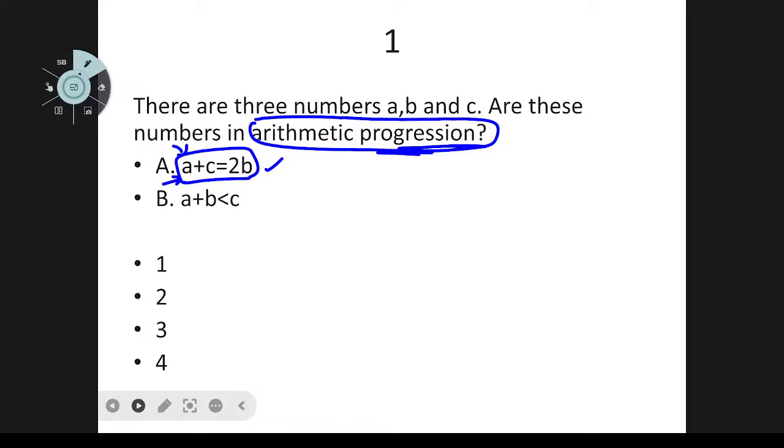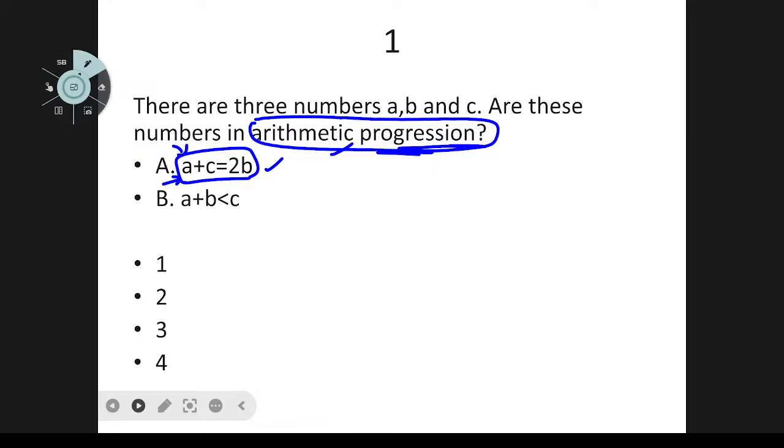Otherwise there is no purpose of giving this condition. If they have given that equation, you should only take the values which satisfy that equation and then check, according to those values, is it in arithmetic progression or not.